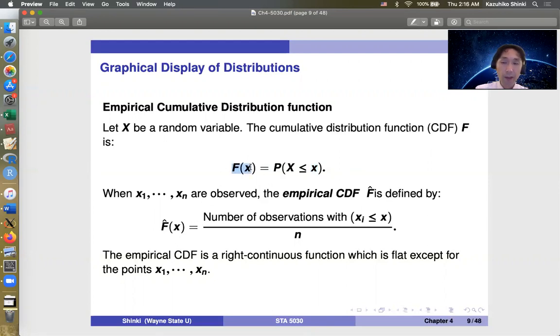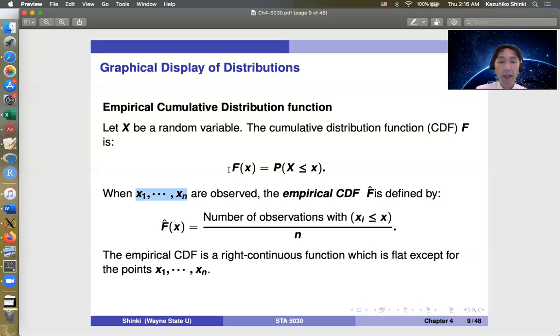So capital F is usually a smooth function, given mathematically. But think about estimating this function F from data sets. Suppose we observed x sub 1 to x sub n observations.